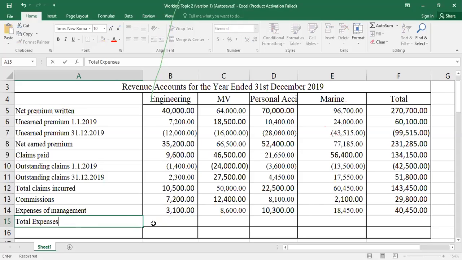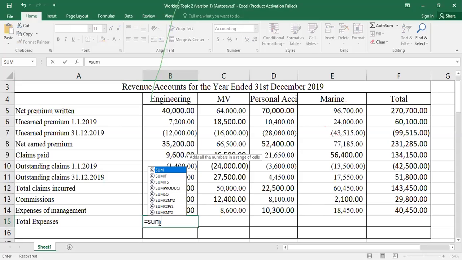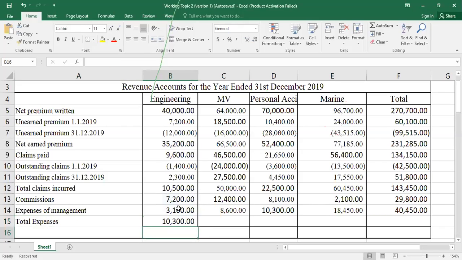And the total expenses will be now these two. So we are getting this cell. Let's get the sum. It will be 10,300. And then we can pull the formula.